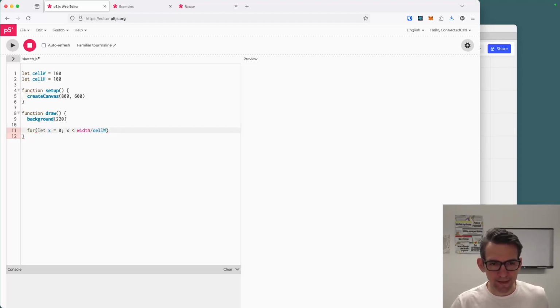So not just less than 8, but equal. So including 8. And then I'm going to do it 9 times, right? From 0 to including 8. And then every time, I'm just going to move x to the next, right? So x plus plus. It's going to start at 0, and then 1, and then 2, and then 3, and so on and so on until we reach 8, including 8, right?